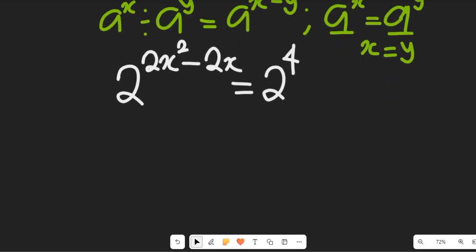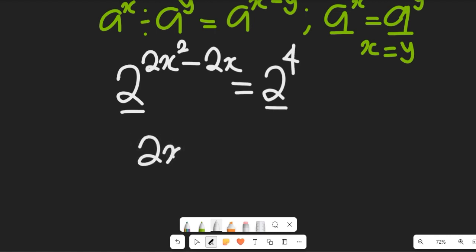Great. So considering the other law of indices, since we have a common base, we will equate the powers. So that will give us 2x squared minus 2x, and that will be equal to 4.